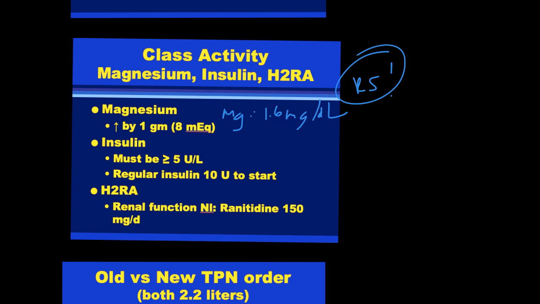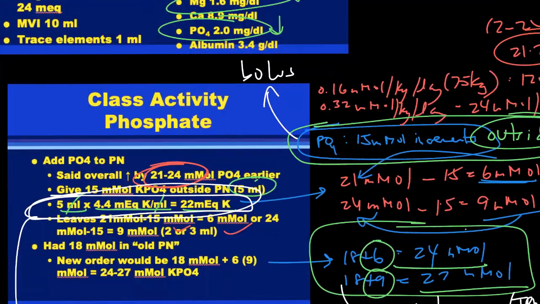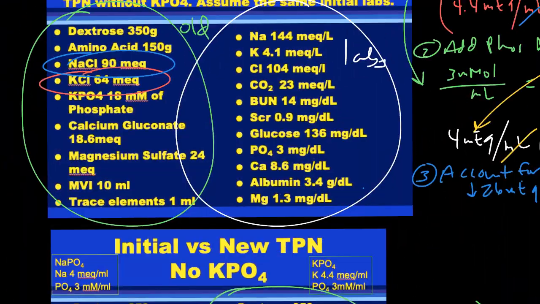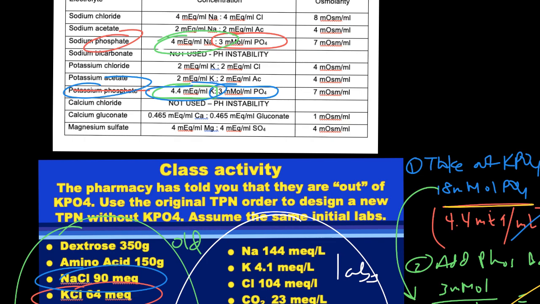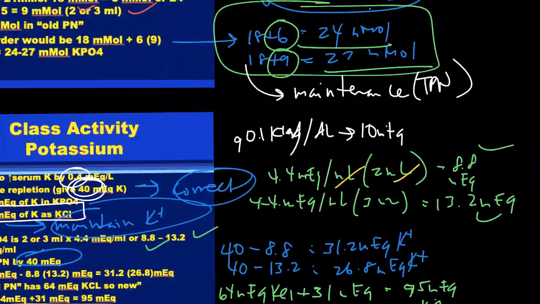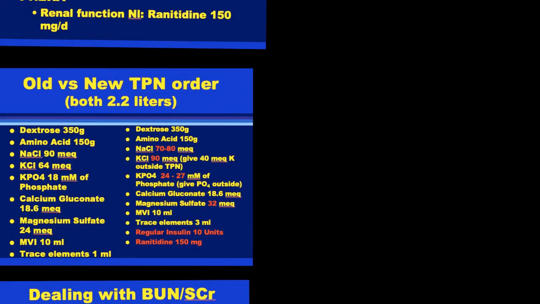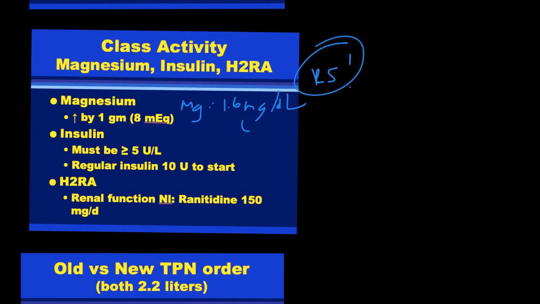You know that magnesium comes in 4 milliequivalents per milliliter. It comes in 4s.